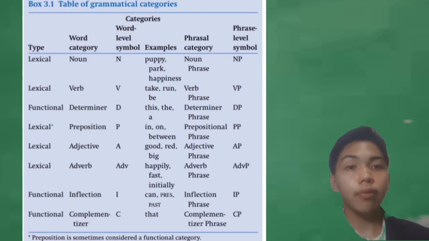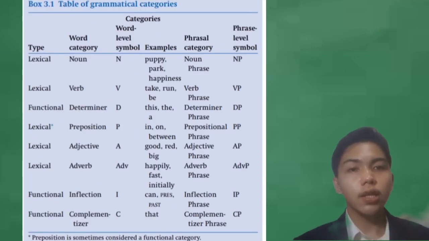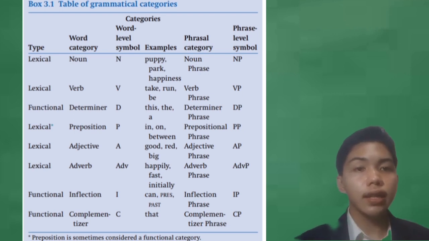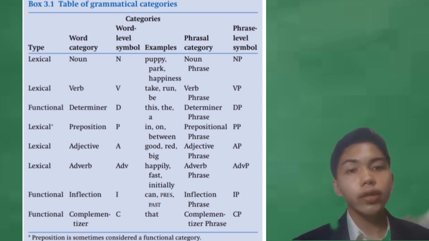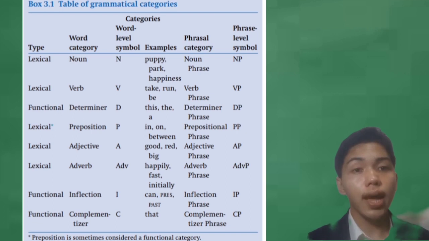So that's an example of a table of grammatical categories. These are the columns: type, word category, word-level symbol, examples, phrasal category, phrase-level symbol. Let's start first with type: lexical, followed by noun, N, and the examples happy, park, happiness, noun phrase, and NP.